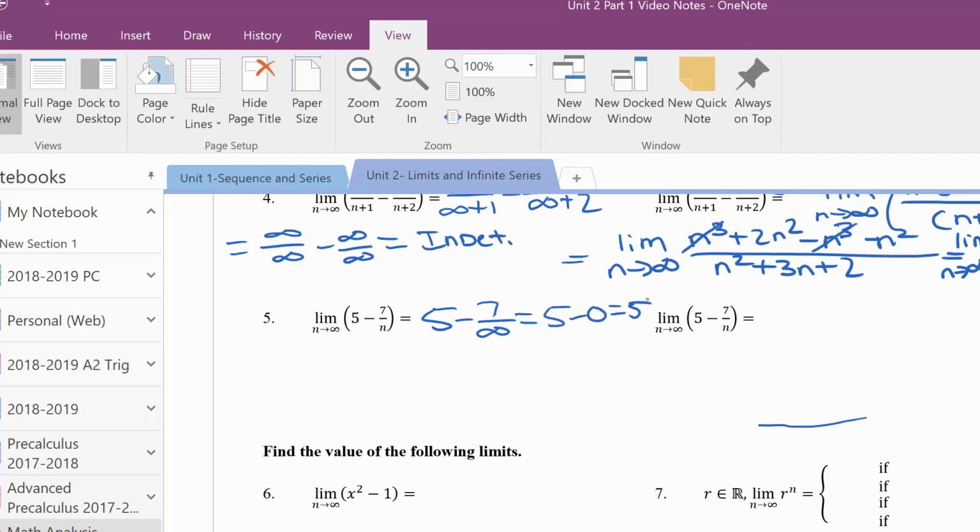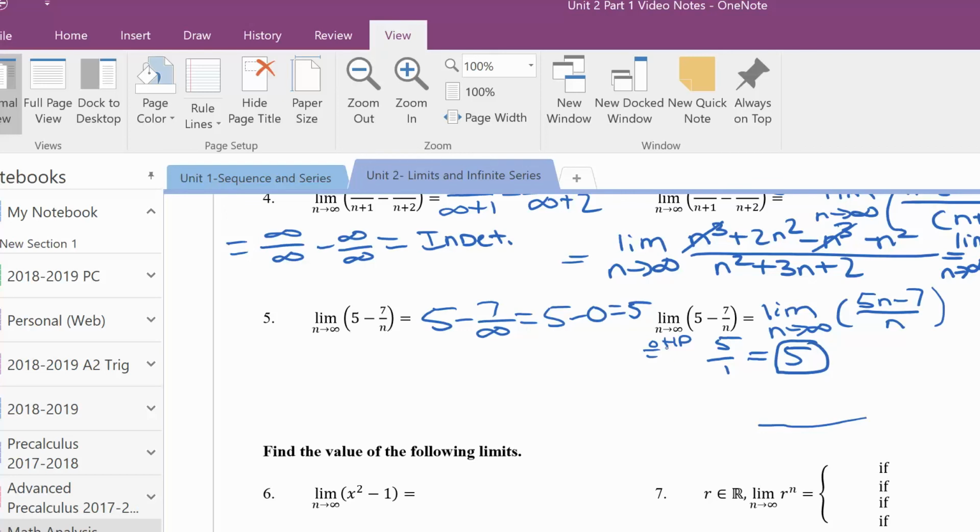Now if we observe highest powers, the limit as n approaches infinity of, now we got to get a common denominator, so it would be 5n minus 7 over n. So then to observe highest powers, we would get 5 over 1, which is 5. So the limit in this case is the same if you plug in infinity or observe highest powers.